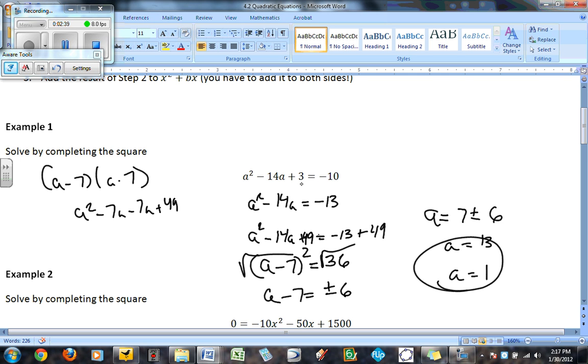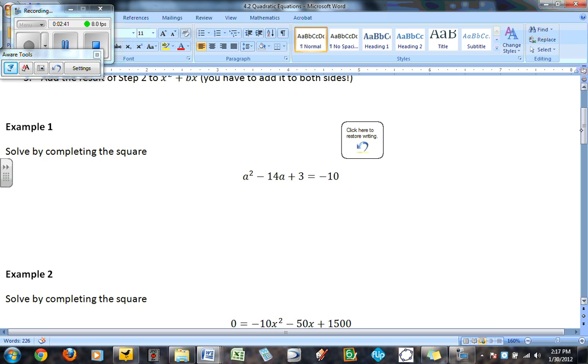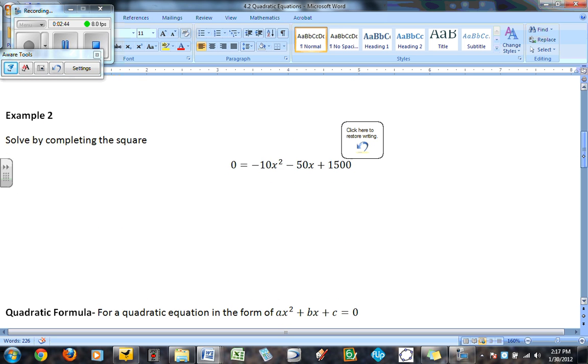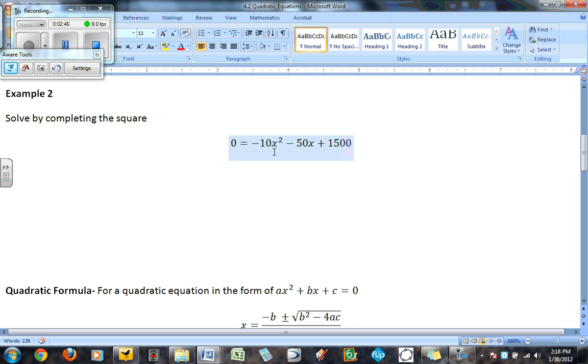We've shown you a couple ways from that last test to factor. So here we go. It says solve by completing the square. Again, we're going to want this to be just the x squared and the x by itself on one side of it. So let's move each of these guys over to the other side.